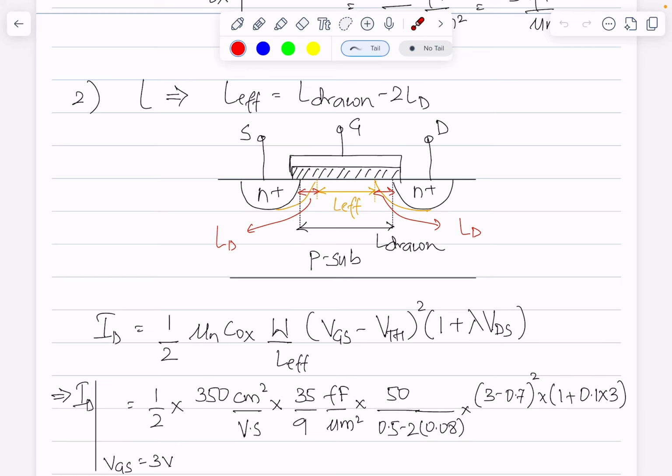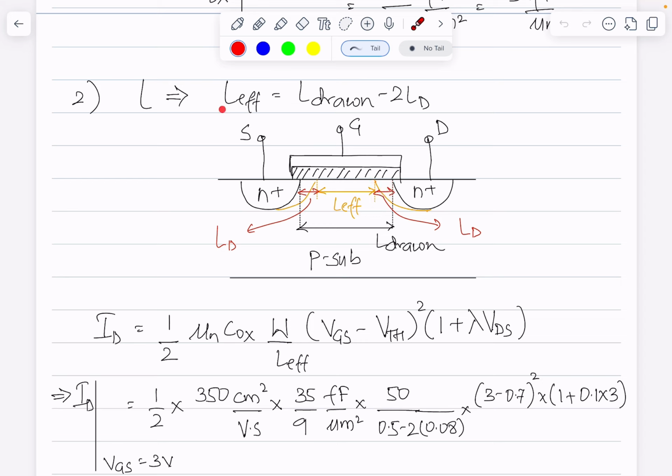But when the chip goes into fabrication, these N plus regions encroach into the channel and effectively reduce the length of the channel, and that's how we define L effective. This is the encroachment area on the source side, and this is the encroachment area on the drain side. If we call it LD, then L effective is essentially L drawn minus 2 times LD.